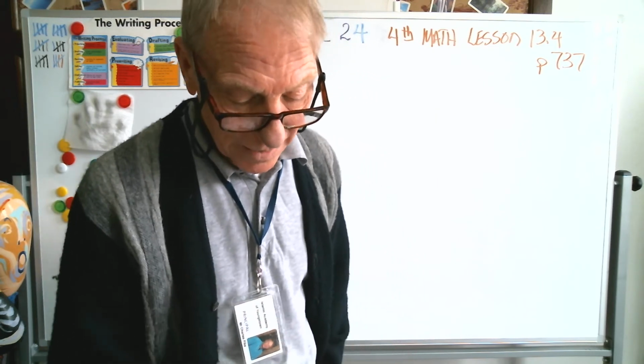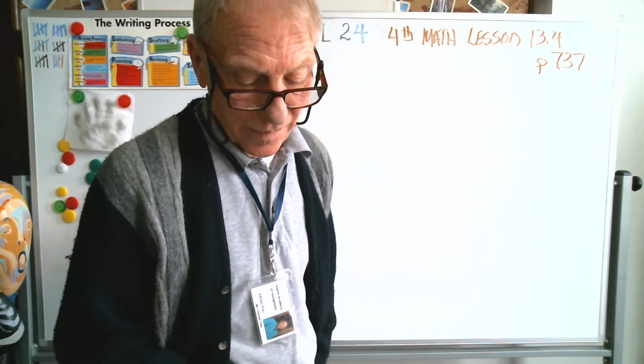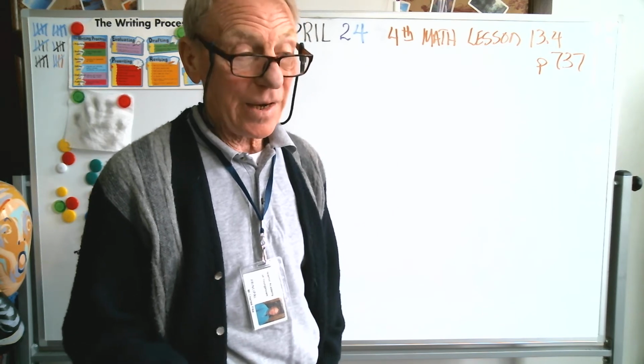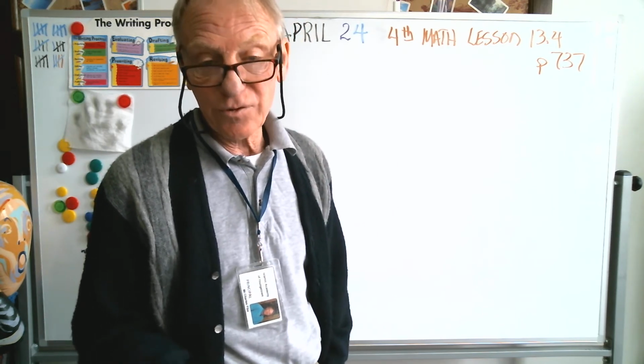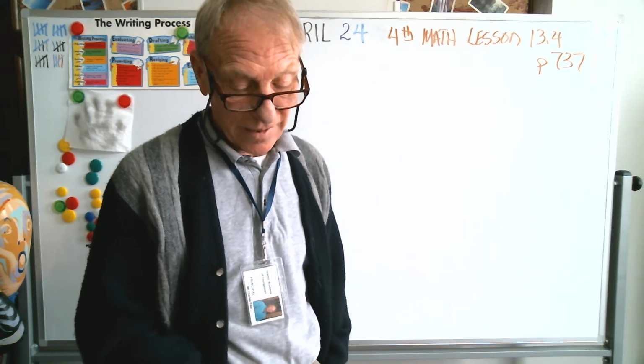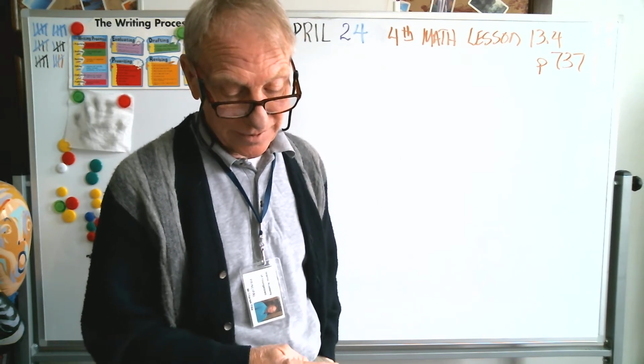So let's pick one of these where we've got area. And area, you know the ones that are area because it says square. Square inches, square meters, square feet. Let's do number 6.